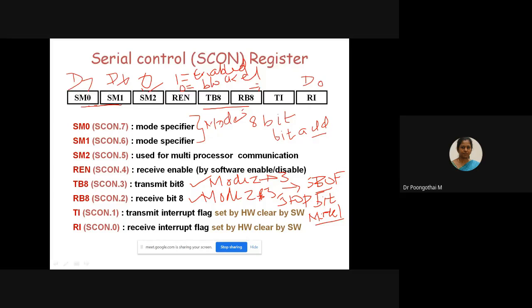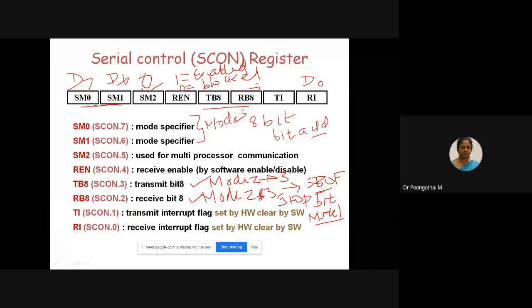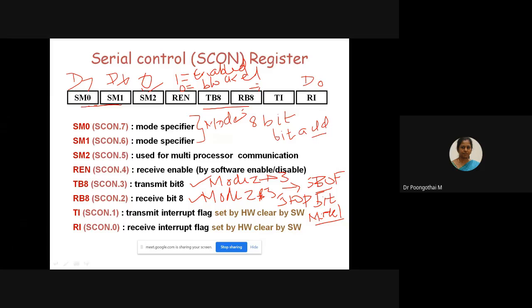Next is TI, the transmit interrupt flag. These two flags generate an interrupt signal in order to interrupt the 8051 operation. Suppose your 8051 finishes the data transfer, that is, the 8-bit data is completely transferred, then this flag is set to 1.